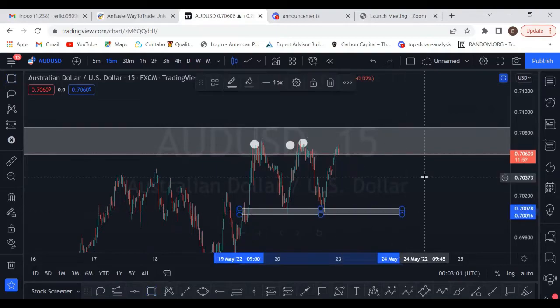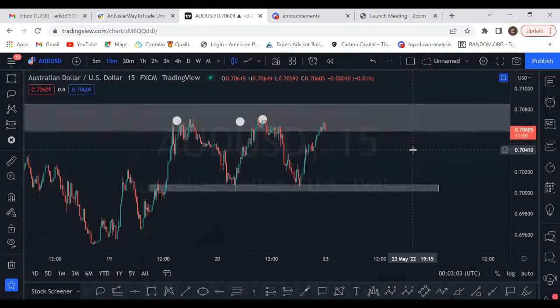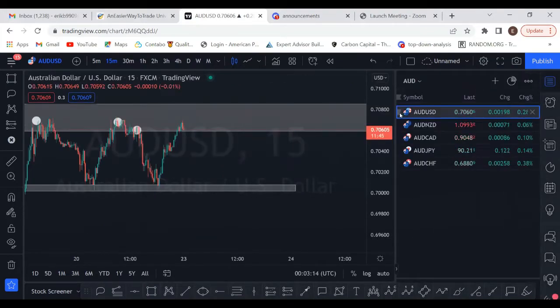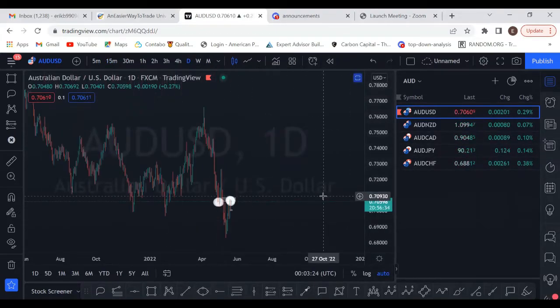So we're gonna come back to that, guys. We may take that trade before we get off tonight. But right now we're gonna keep it moving. Let me put that on my watch list so I don't forget, and I'll write it down. But I like AUD USD trade, sell continuation to the downside.